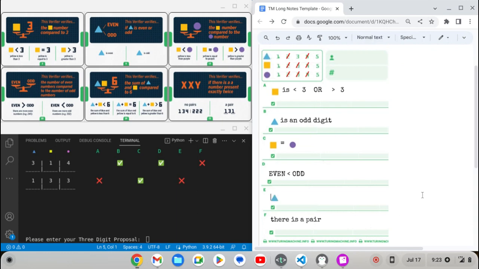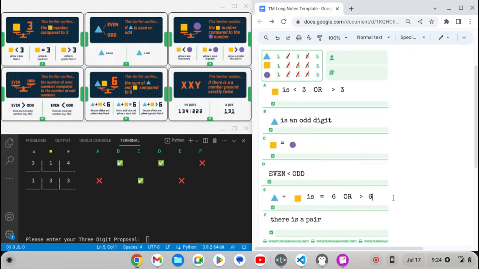So triangle plus square is either equal to 6 or greater than 6. So it's definitely not less. I did have a 1 and 3. Their sum is 4. That's less than 6, but that is invalid.